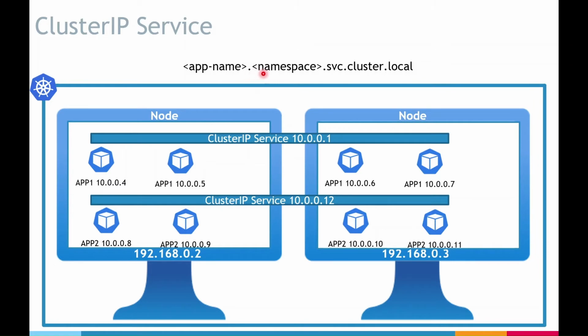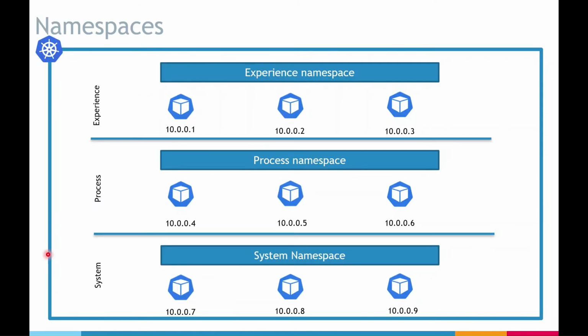But what is this namespace in here? Let's try to understand what exactly is namespace. So namespace is basically a logical grouping of pods. Take this example. We have our API-led connectivity model. So we have experience, process, and system. Now there could be multiple APIs, but they can be grouped under a certain criteria, right?